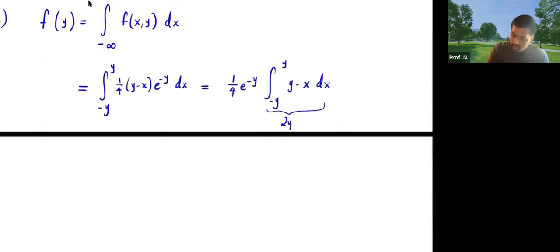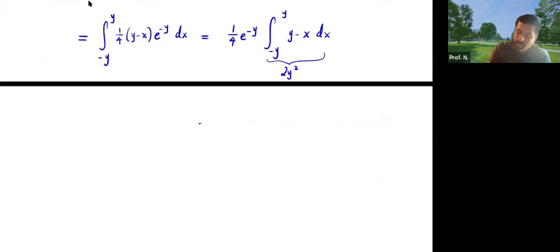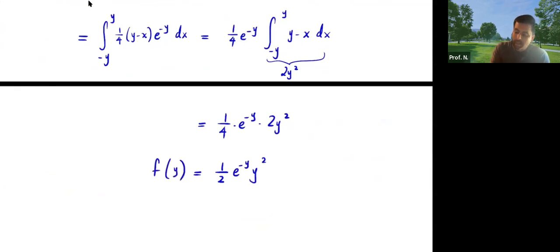Isn't this already 2y squared? So this will equal 1/4 times e to the negative y times 2y squared, which equals 1/2 y squared e to the negative y. This is f of y, the marginal density. And y goes from 0 to infinity.